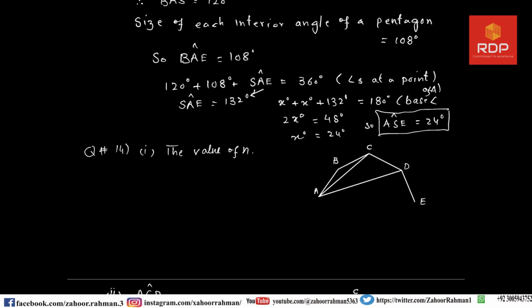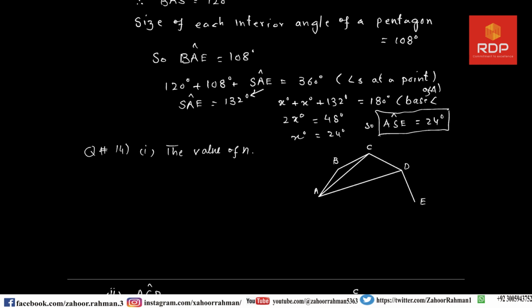Now question number 14 is saying that the figure is given on the right side of your screen, and in the figure A, B, C, D, E is a part of an n-sided regular polygon.